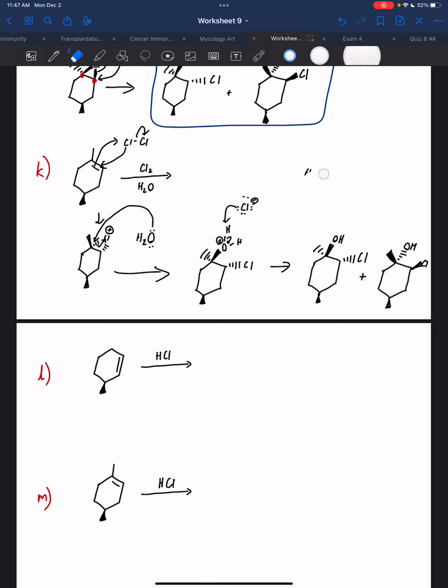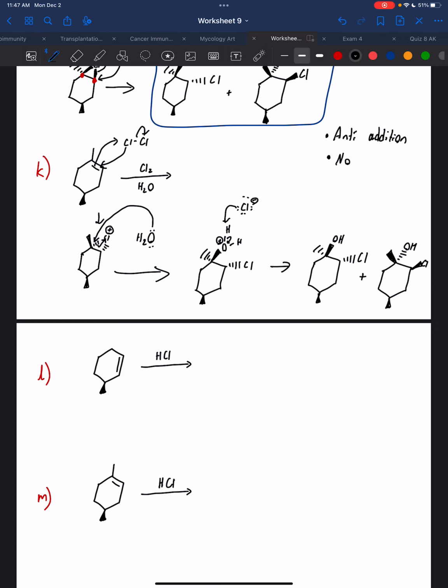I didn't write any notes for this one, but the notes that I would have for this one is it's anti-addition. We didn't even write that out, but we can notice how we could have made sense of what kind of addition it would be, because again, what did you add to the double bond? You added alcohol and you added chlorine, and they added in opposite directions of each other, and so it's anti-addition.